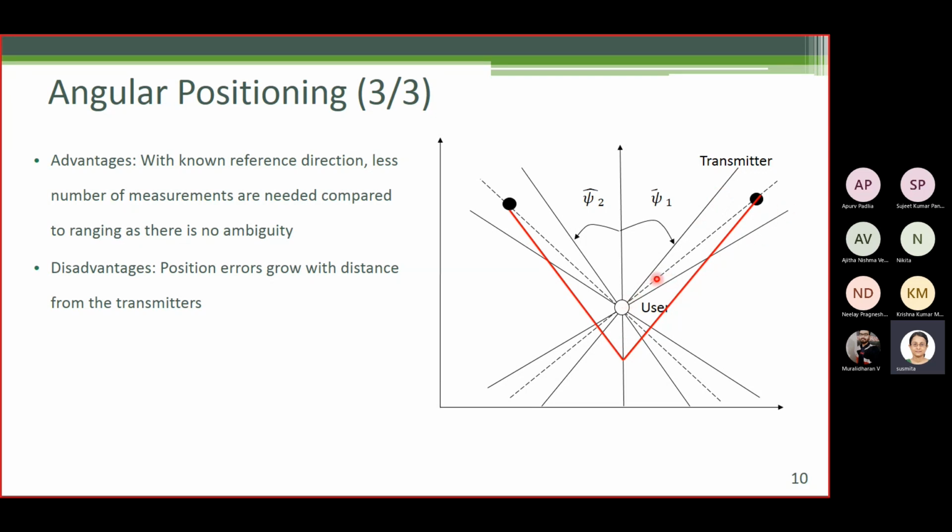So this dashed line in the middle corresponds to true bearing. And because of the bounds in epsilon, we are actually getting a number of lines around this dashed line. Is this clear to you? That we are getting a group of lines because we are making a measurement which has error in it.